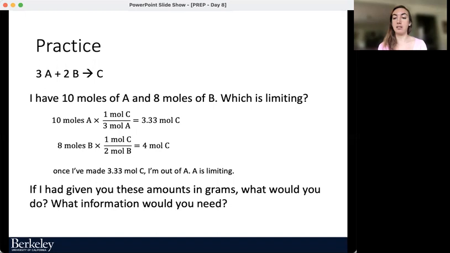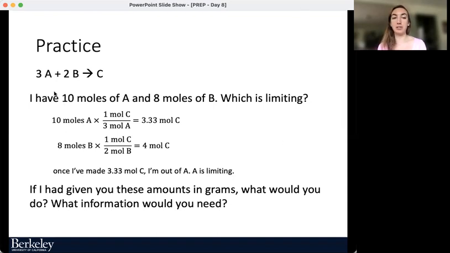So yes, you would have it in grams, but in order to use those stoichiometric coefficients, you need to use moles. So I can't say 1 gram of C per 3 grams of A. I can only do that in moles. So you guys are exactly right in the chat. You need to convert to moles, and to do that, you would need the molar mass.